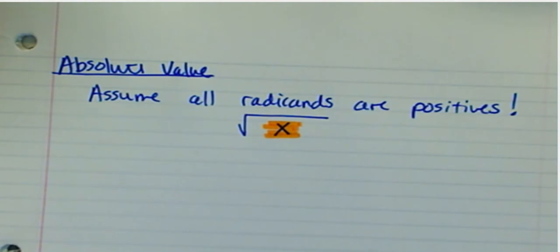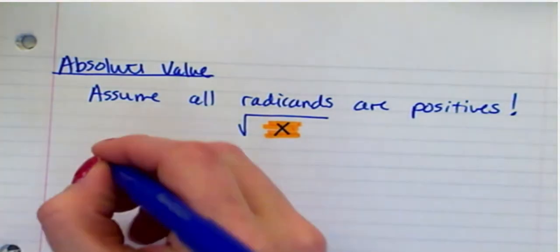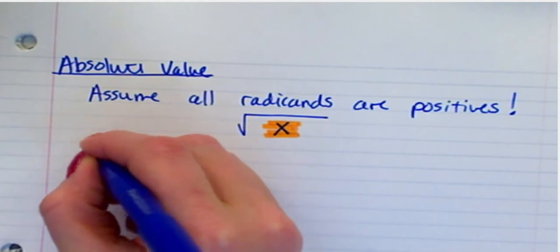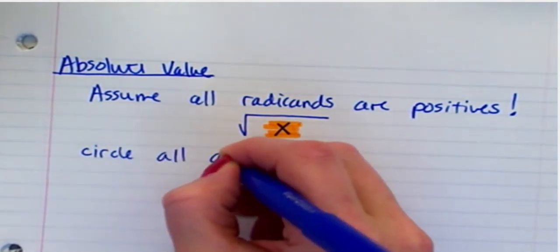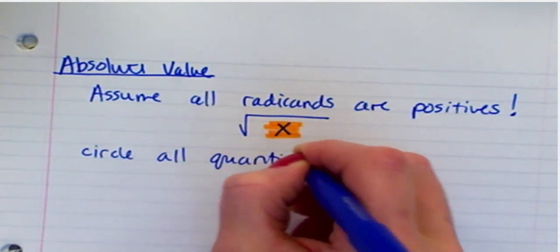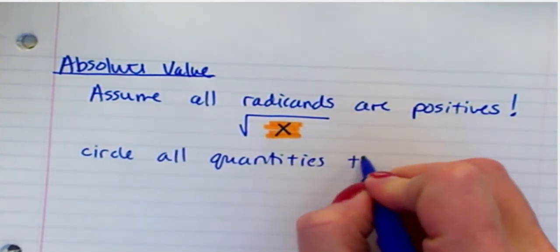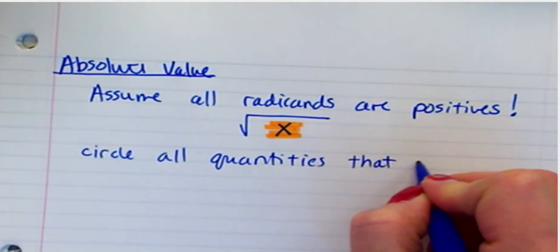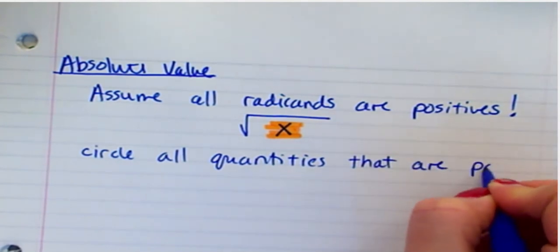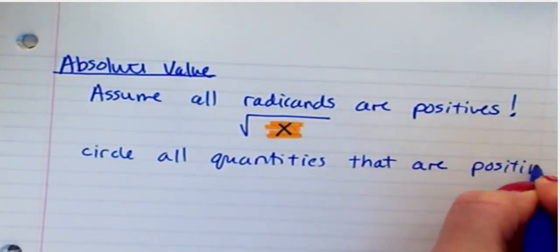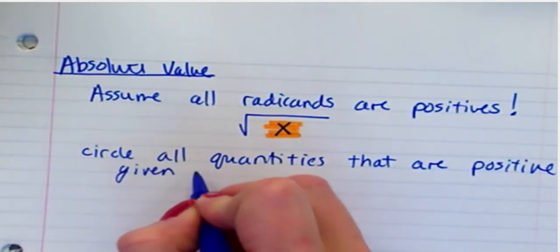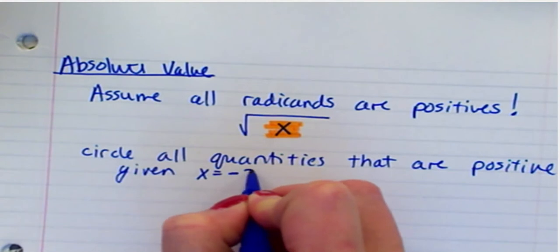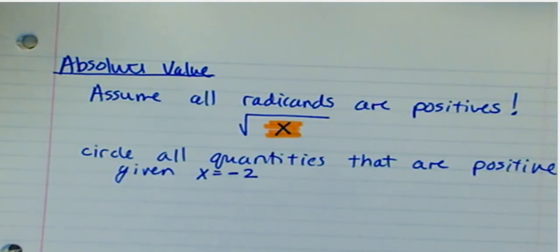So we're going to look at some positives and negatives. Circle all quantities that are positive, given x equals -2.